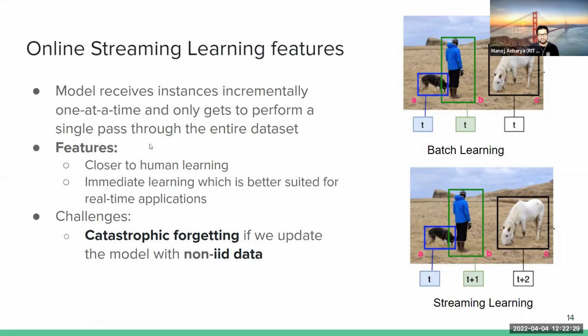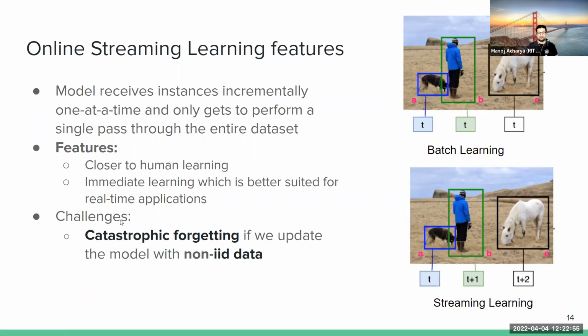And so this is an extreme case. However, trying to model and learn from this situation makes the learning even closer to how human beings learn, right? So we do not loop through some data set multiple times. And this is also suitable for real-time applications where immediate learning is necessary.